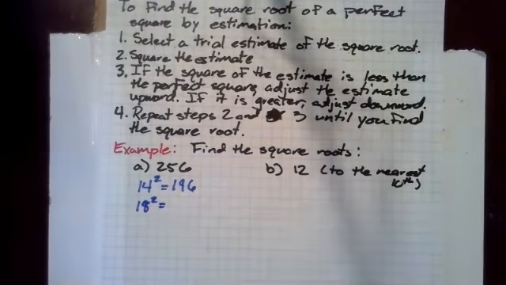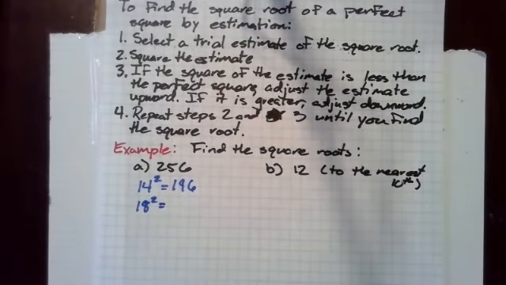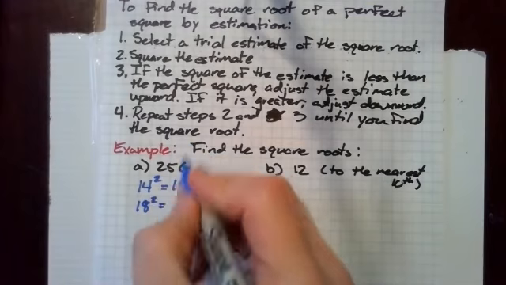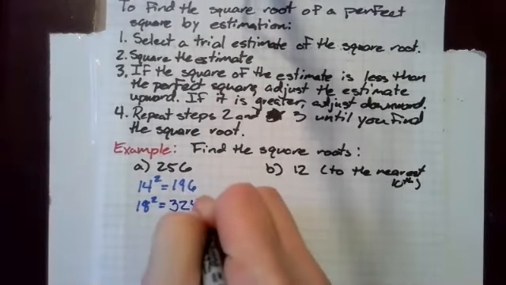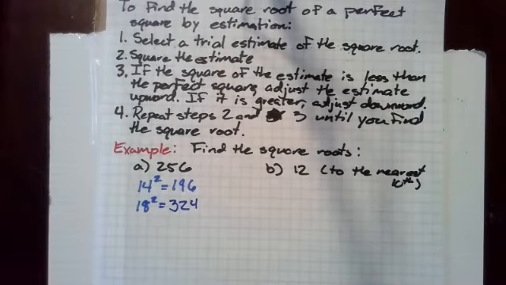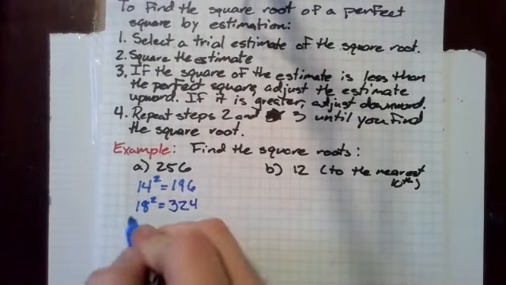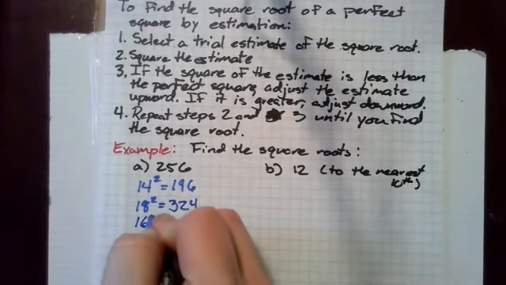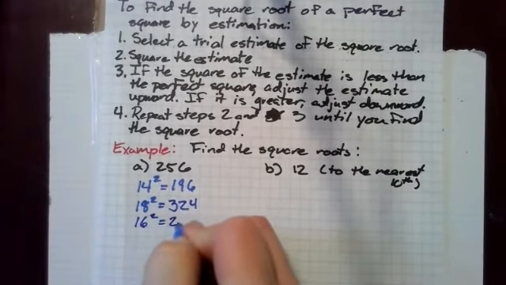There we go. I could multiply it out by hand, but why bother when there are calculators in this world? 18 times 18 is 324. That's too high. We're like the 3 bears here. So I picked the number right in the middle, which is 16, and 16 squared is 256.